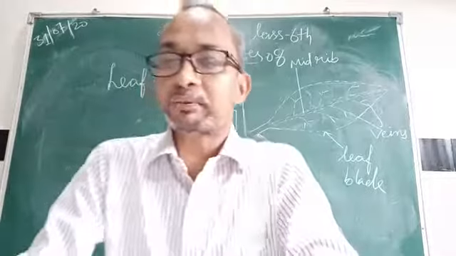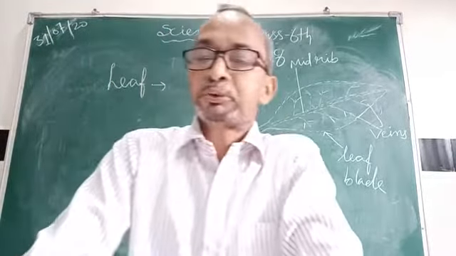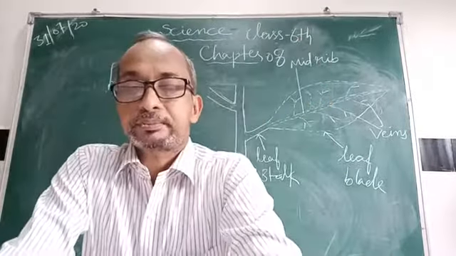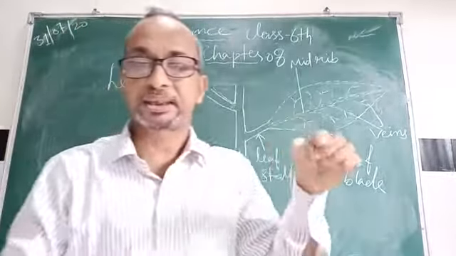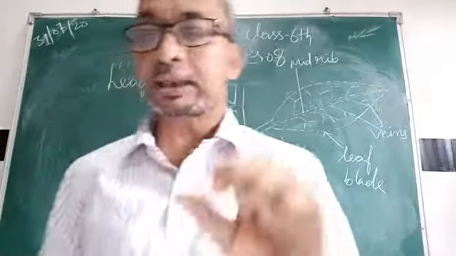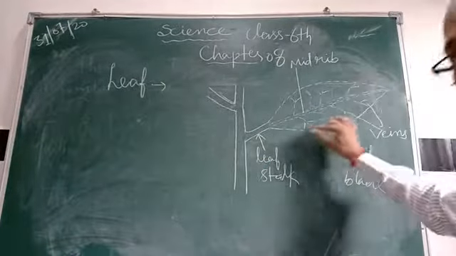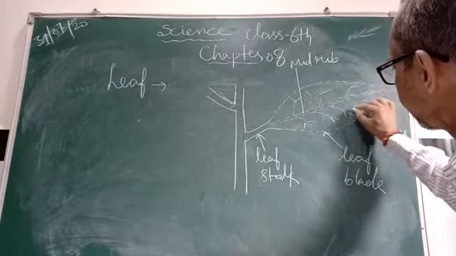So the midrib and veins consist of bundles of tiny tubes, some of which carry water into the leaf. There are minute pores on the surface of the leaf which are called stomata.